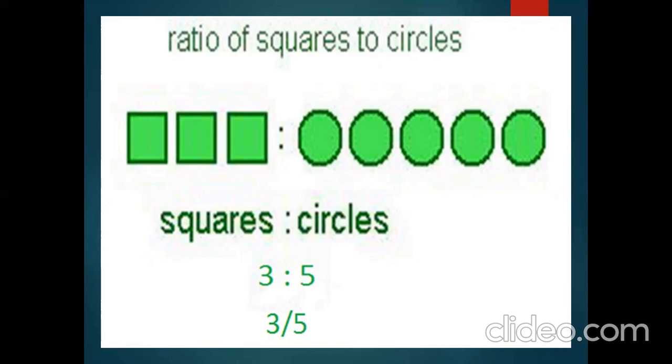There are 3 squares, that's why I have written 3 here. Then there are 5 circles, so with the symbol of colon, I have written 5 here. And this can be written in the fractional form, that is 3 over 5.